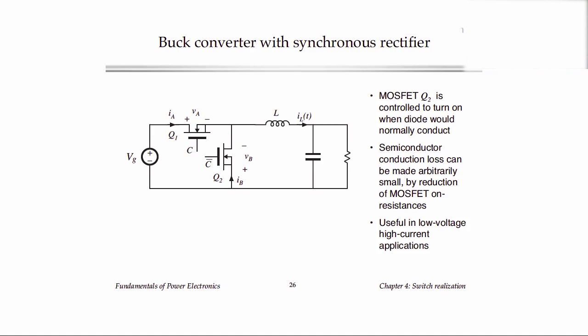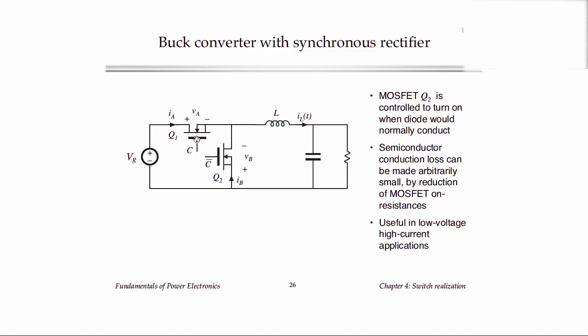So the solution is to put a MOSFET here where the forward voltage drop is dependent simply on the on resistance and the current. And so if you buy a bigger MOSFET, you can get a lower on resistance. And if you're willing to pay, you can buy as big of a MOSFET as you want and get as low of an on resistance as you want and make the forward voltage drop be low so that you can get high efficiency. And so that's what's done.